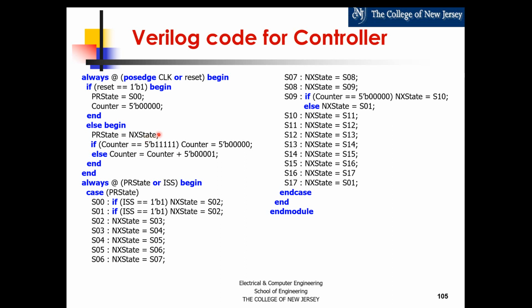So basically moving the inputs of that register to the Q outputs. And then if the counter rolls over, this is the counter, I'm just going to reset the counter back to 0. Otherwise, the counter is just going to count.